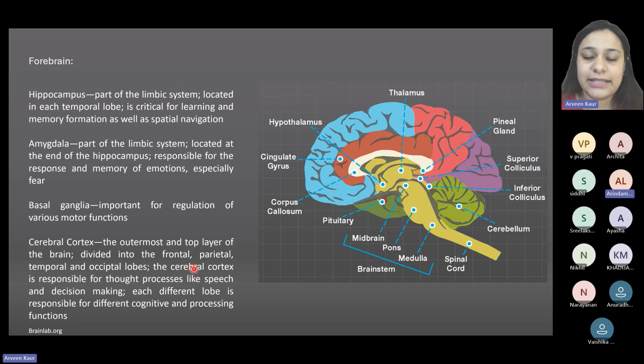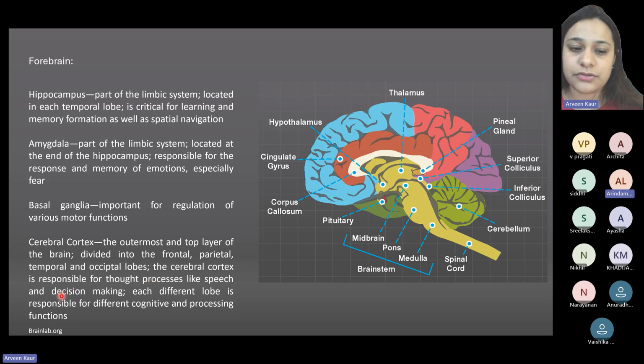And then comes cerebral cortex, which is the outermost and the top layer of the brain. It is also forming the major region of this forebrain, right? It is consuming the maximum portion of this forebrain, and it can be divided into these four regions that we will see later: the frontal, parietal, temporal, and occipital lobes.